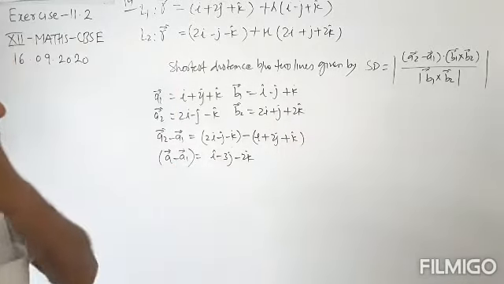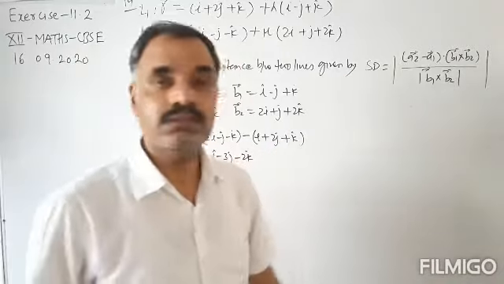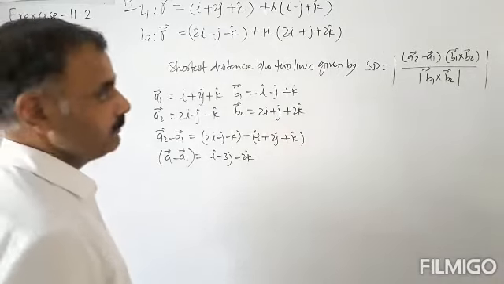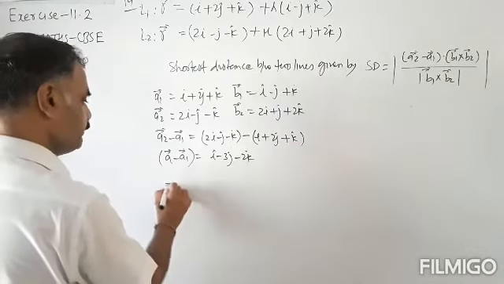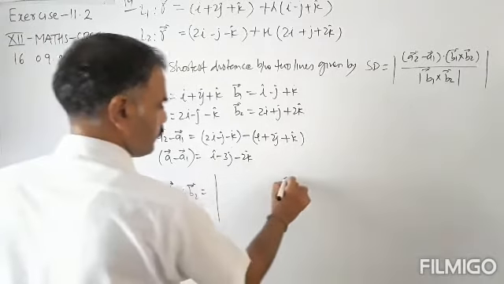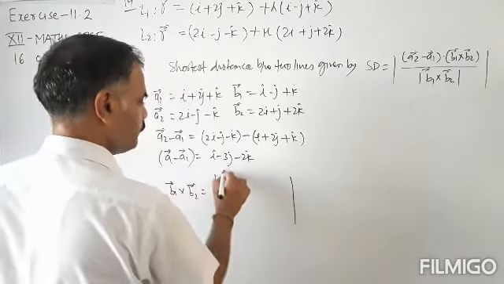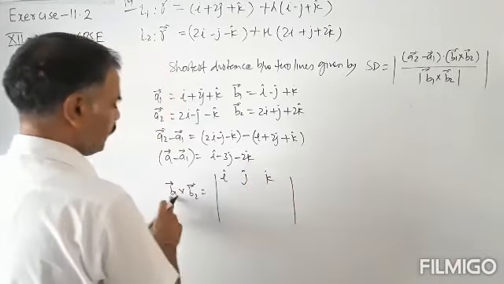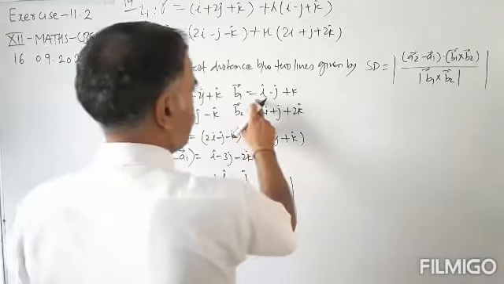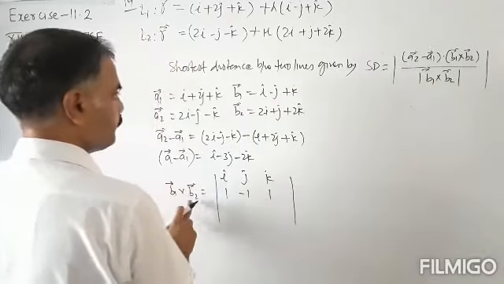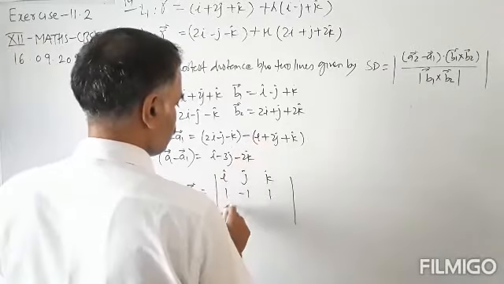Okay, now we have to find b1 vector cross b2 vector. We can find this using the matrix determinant: i cap, j cap, k cap; components of b1: 1, −1, 1; components of b2: 2, 1, 2.